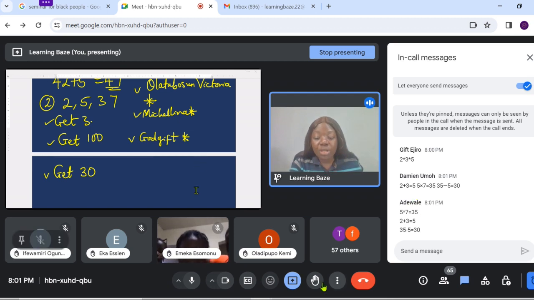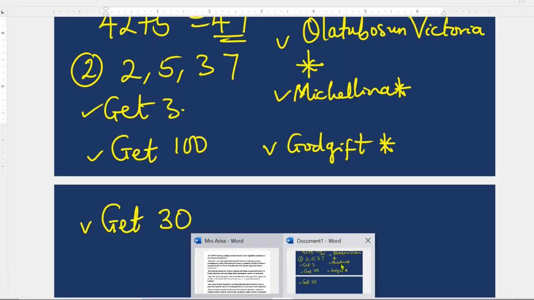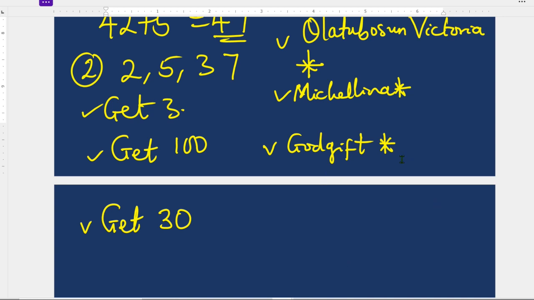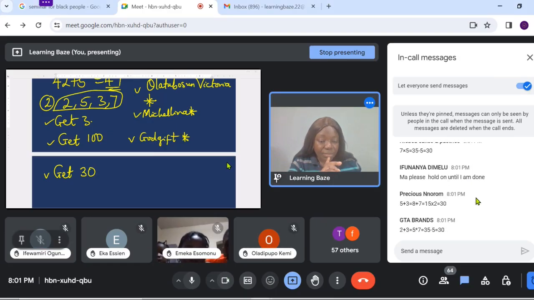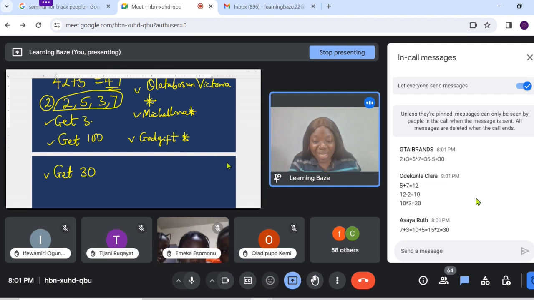So use all the 4 digits in your calculation and get me the number 30. Look at it here: 2, 5, 3, 7. Calculate with all the 4 digits and make sure you get me 30. I'm waiting. I want to see who's going to get it.